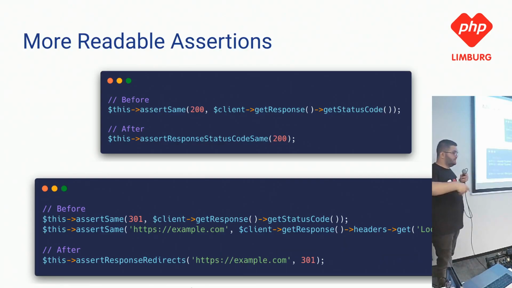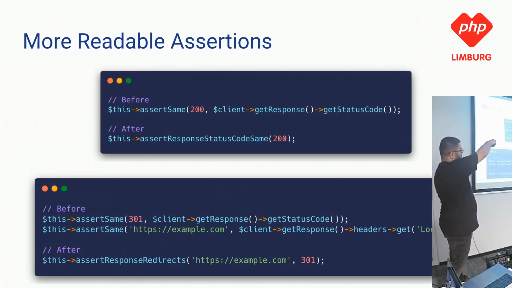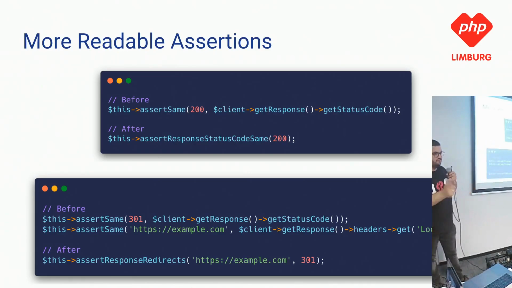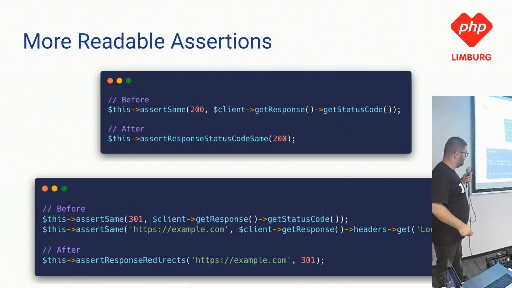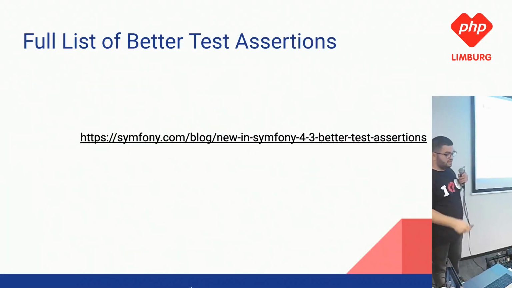You can use Rector PHP because it has some refactoring rules to replace those old test assertions to use the new ones automatically. But yeah, I will not explain all the test assertions. I've put the link here. I will share most likely the slides so you can go check it out.